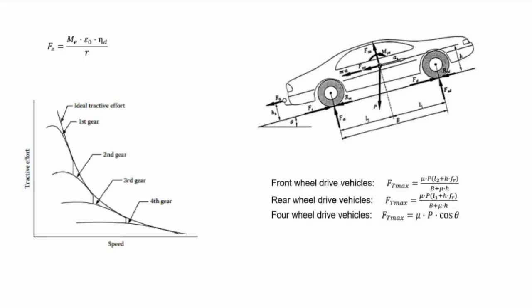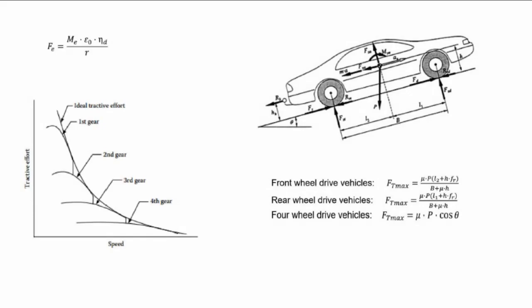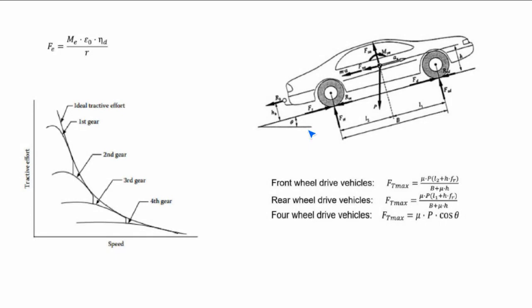Also, the limit imposed by adherence on vehicle traction varies depending on the vehicle transmission system. It's therefore different in front wheel drive, rear wheel drive, and four wheel drive. A typical model you can see on your screen now. Pitching moments and variation in the suspension system are not taken into account.